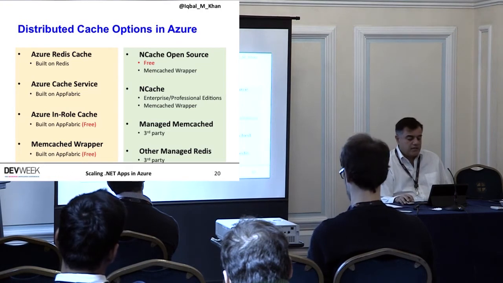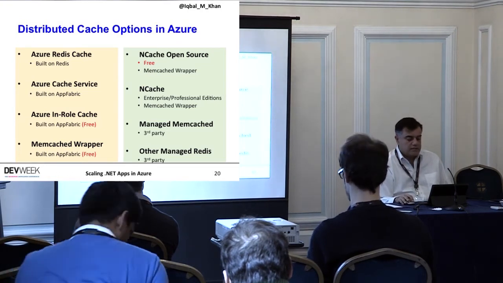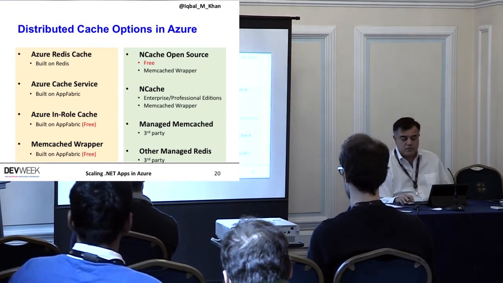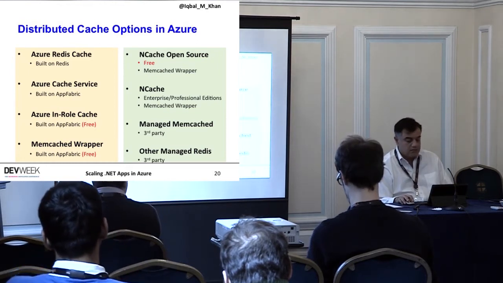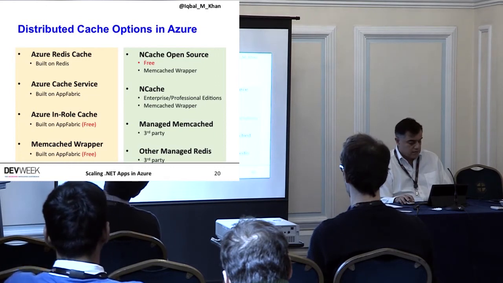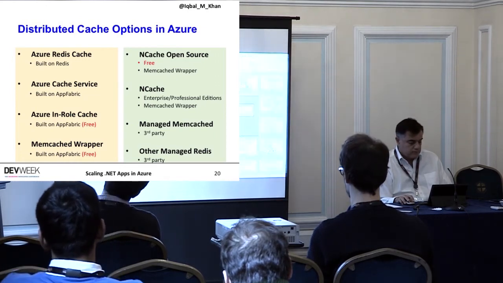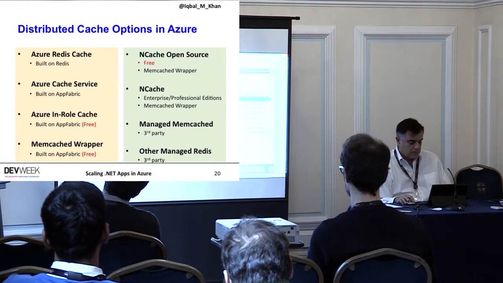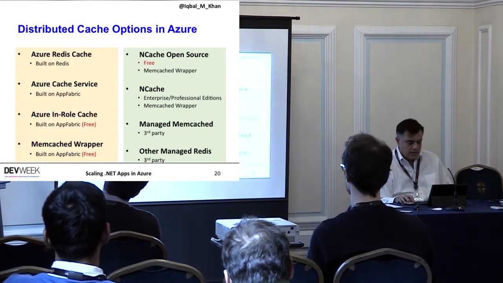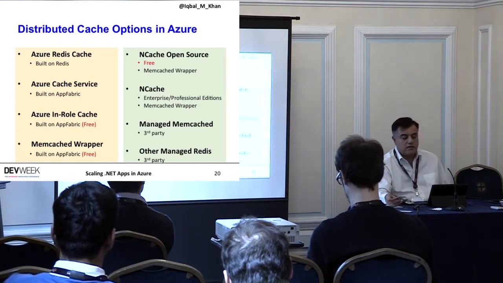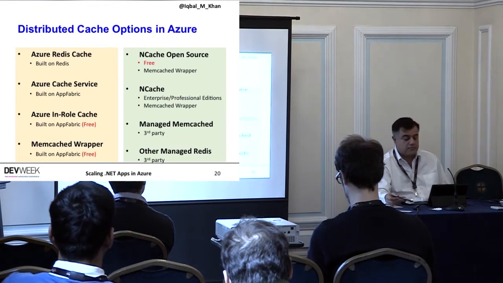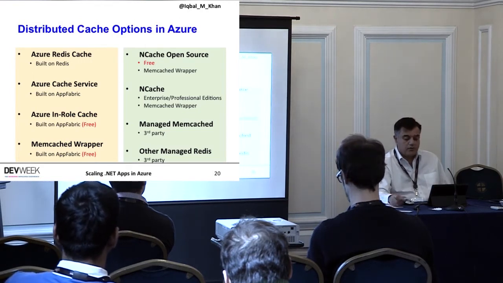On the right side, there's NCache open source, which is free, and you can actually find it in the marketplace now. And then there's NCache non-open source, let's say the Enterprise and Professional, which is not free, and both of these provide Memcached wrappers.